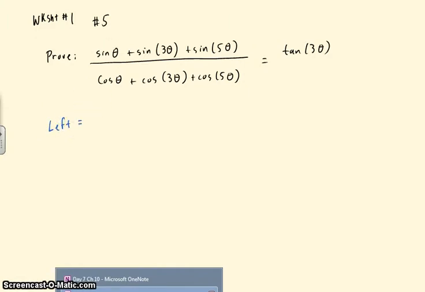When I look at this, I see that on the right side, I want the tangent of 3 theta. So I notice that that angle is 3 theta, and here I notice that I have 3 theta right there. While it's tempting to apply the sine plus sine identity and the cosine plus cosine identity to those two terms, that's going to get rid of the 3 theta.